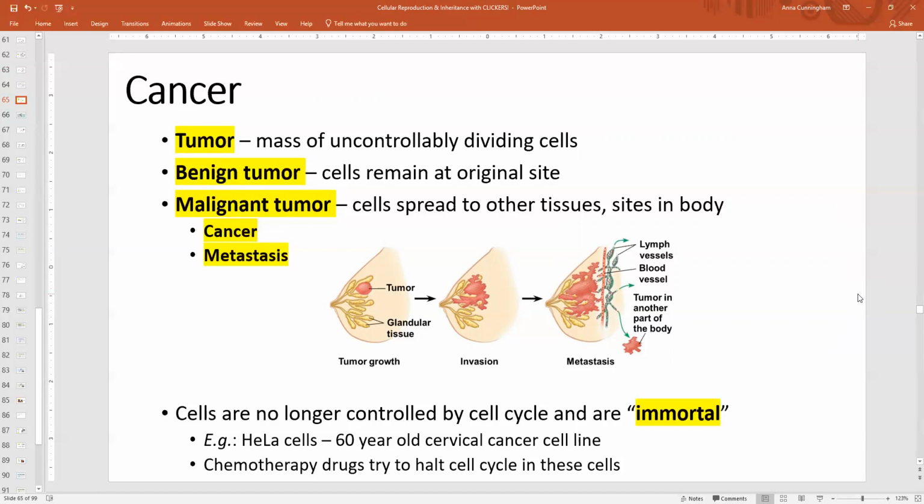In this case, that cell would travel to a different location and stay in that different location. So let's say one of those uncontrollably dividing cells from that tumor on my skin entered my lymphatic system and traveled to my lungs. Okay, that cell is still uncontrollably dividing. So it sticks in my lungs and then it starts uncontrollably dividing there.